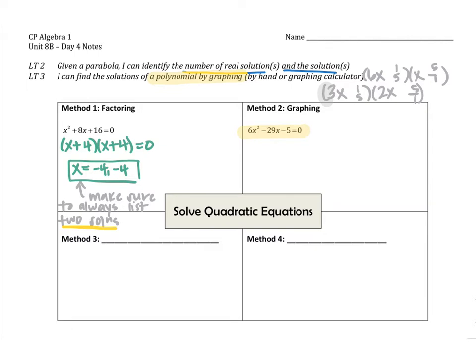That's possible because not every quadratic factors, okay? It still has 2 solutions by the fundamental theorem of algebra, my favorite theorem.